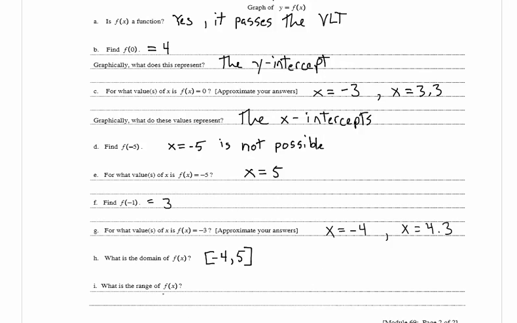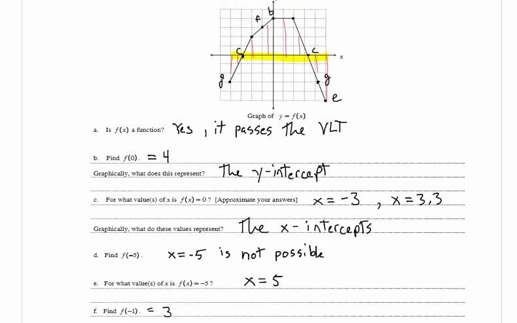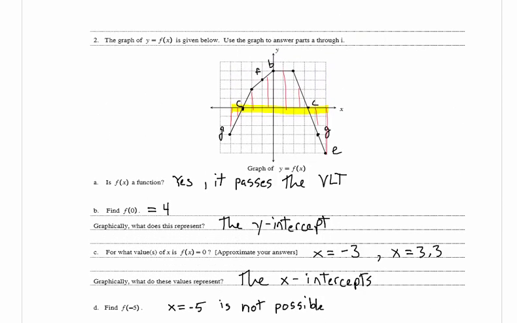And in I, they want to know what the range is. So we're going to draw our horizontal lines, and we're going to start down here and work our way up.